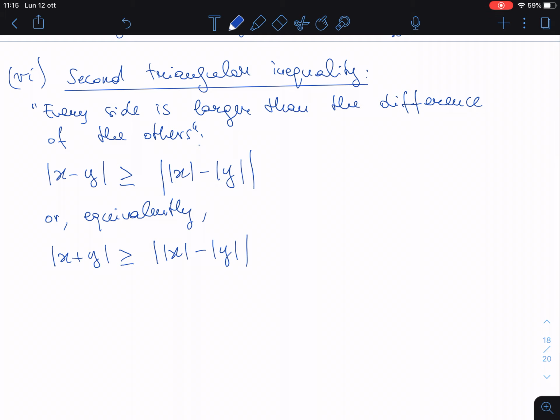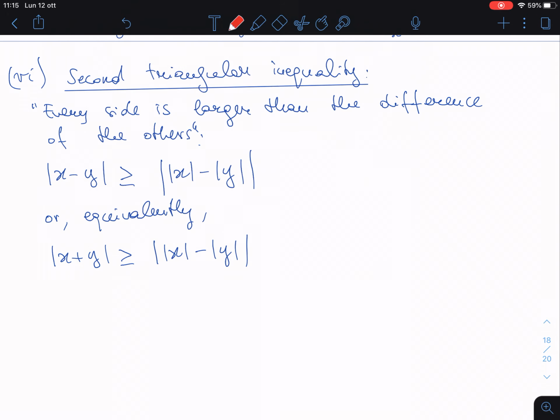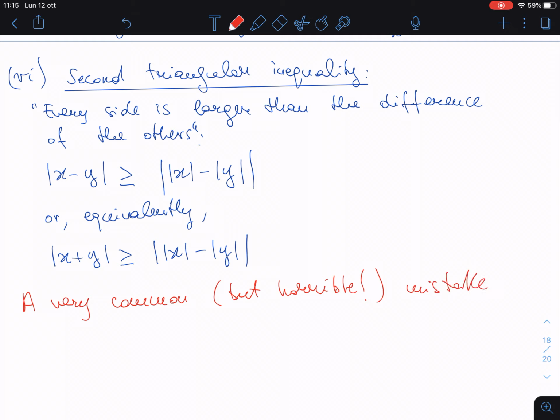Now I want to warn you about a very common but horrible mistake, absolutely to avoid. Very often in the exam you are asked to deal with an absolute value. We like so much the absolute values for the exam.